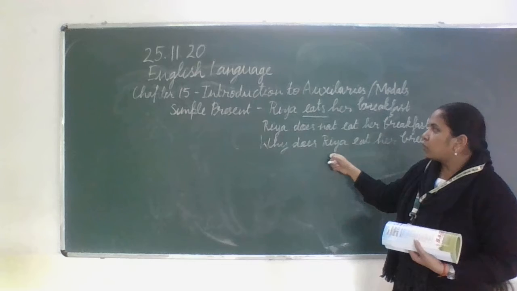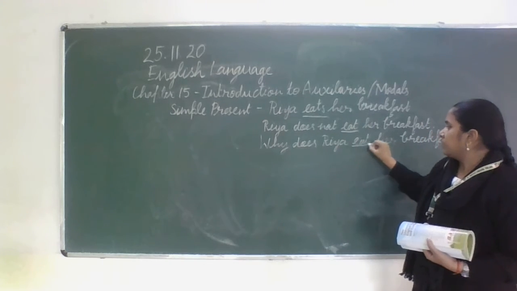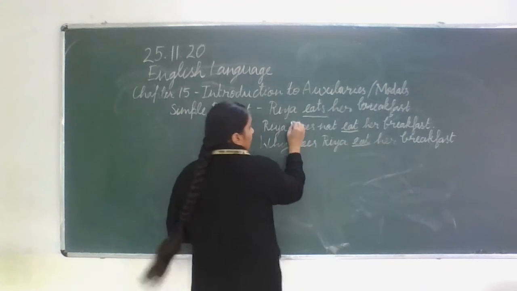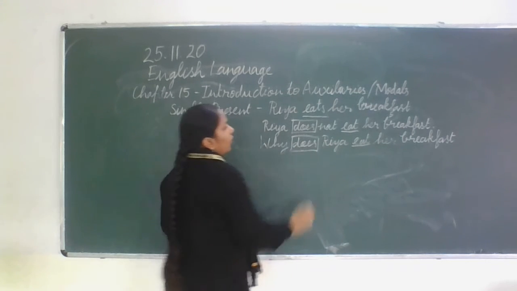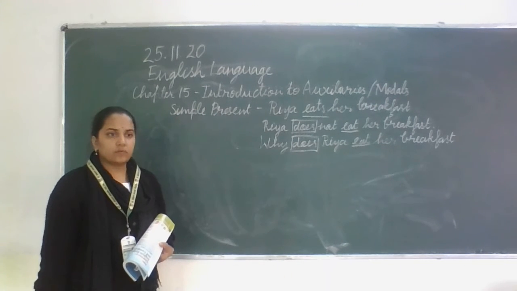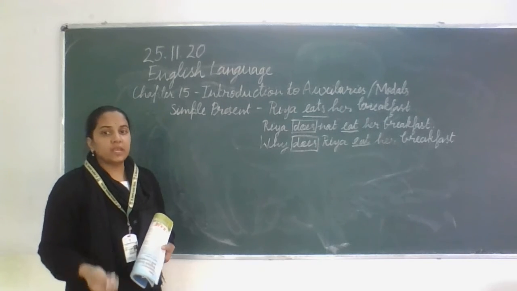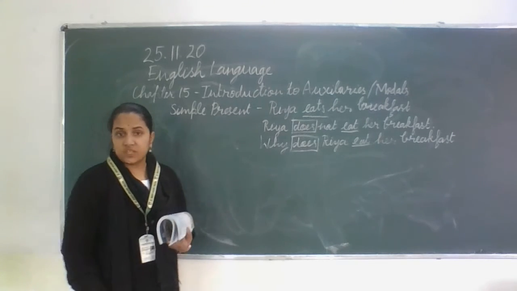So now in both of these sentences, we have this main verb, and along with this main verb, we have this helping verb or the auxiliary verb. So we require the auxiliary verbs to make the questions, the interrogative sentences, or the negative sentences.